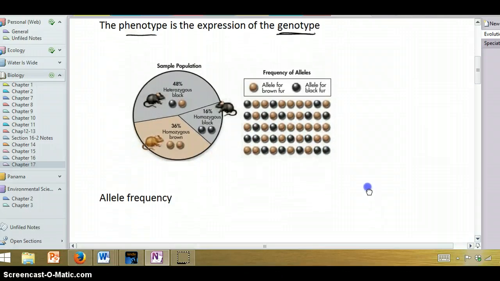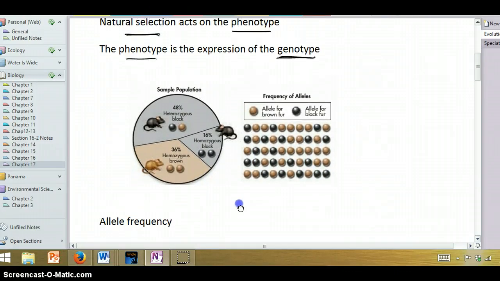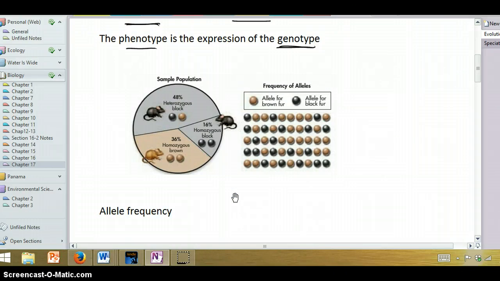And so here's a hypothetical example given in our book of a mouse population, and there are different kinds of mice. There are black ones and brown ones. You can see that the black ones are the dominant ones because the heterozygotes are black. To be brown, you have to have two copies of the brown gene. These individuals have the black phenotype, and these individuals have the brown.